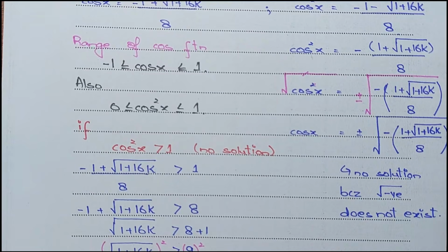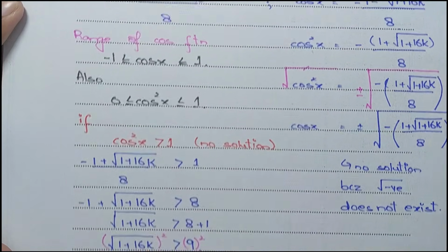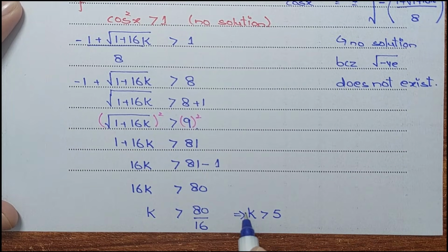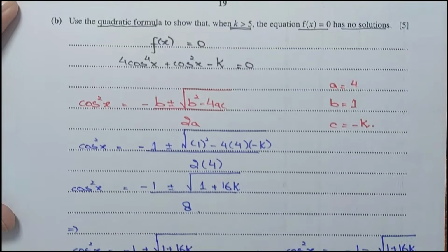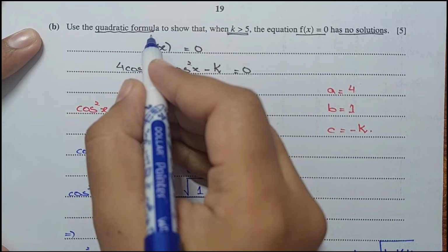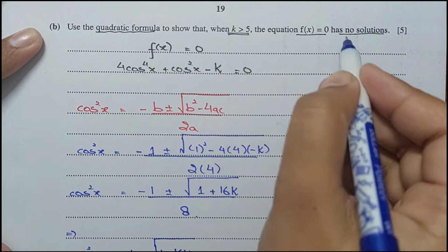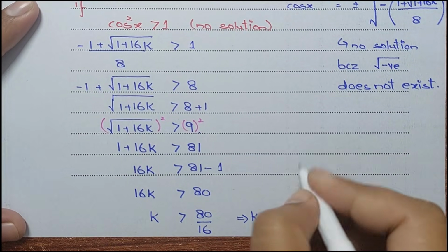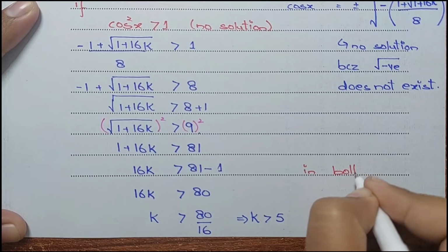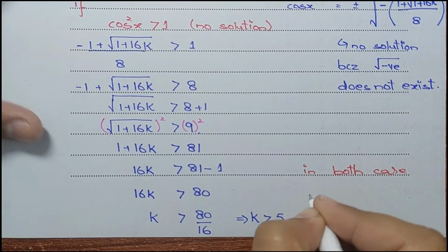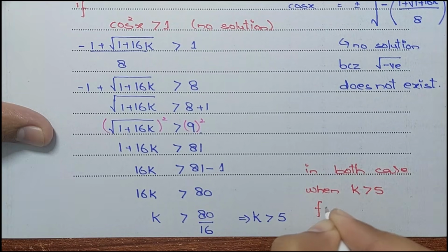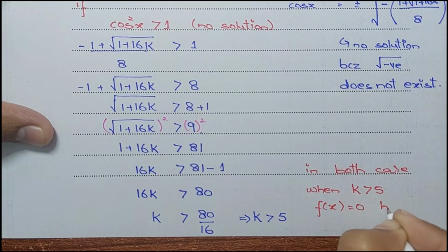But if it is greater than 1, solution does not exist, right? So if I suppose that cos square is greater than 1, so when I just plug this value of cos square and simplify, we come to know that k is greater than 5. So it is proved that by using the quadratic formula, when k is greater than 5, f of x has no solution, right? So we can say in both cases, when k is greater than 5, f of x equals to 0 has no solution.